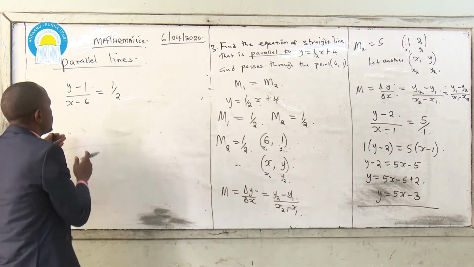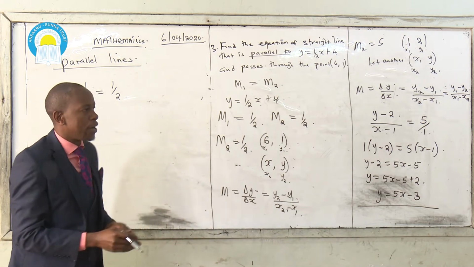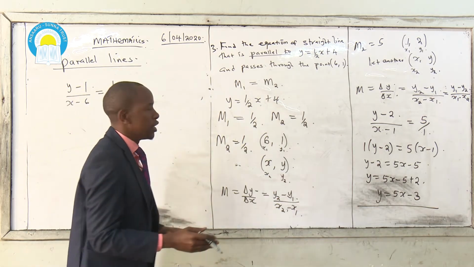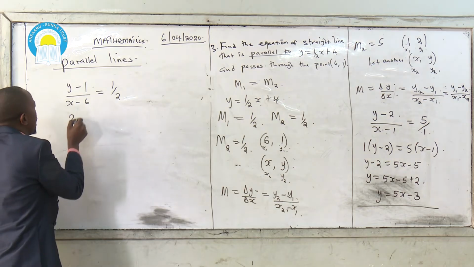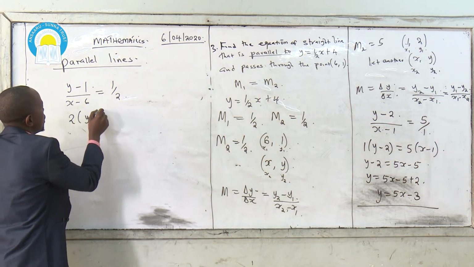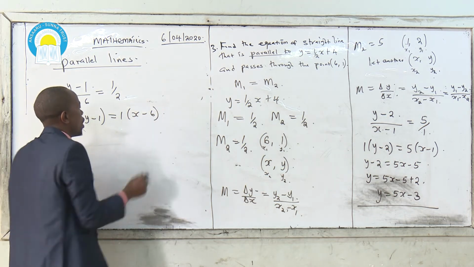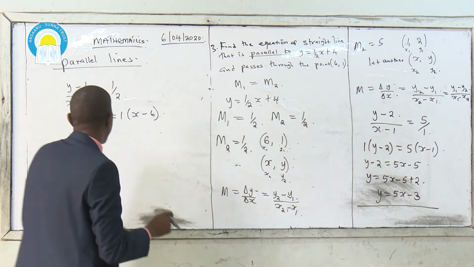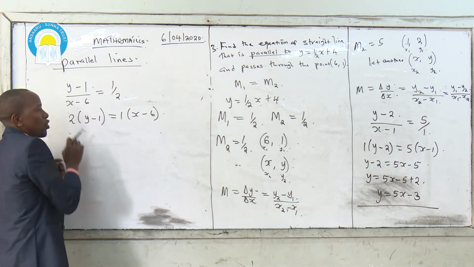Now, once you are given fractions, it is easy to cross multiply. Inside the brackets, we say y minus 1 times 2 equals 1 times x minus 6. Now we open the brackets by multiplying all the elements inside the bracket by its coefficient.